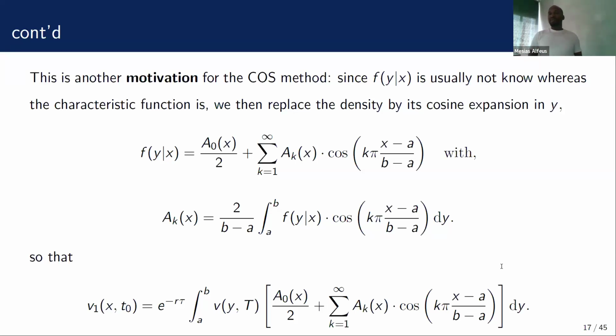Most of the time it's possible to know the characteristic function and not know the density function itself. So then you will use the cosine method because you don't need to know the density. All you need to know is the characteristic function. So that is another advantage of using the cosine method.